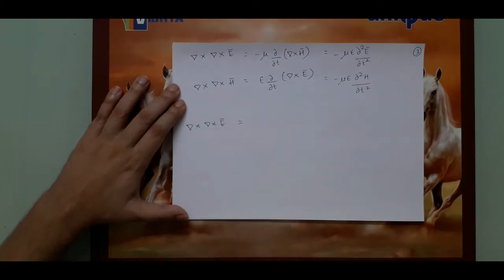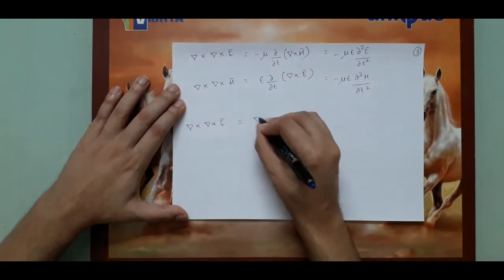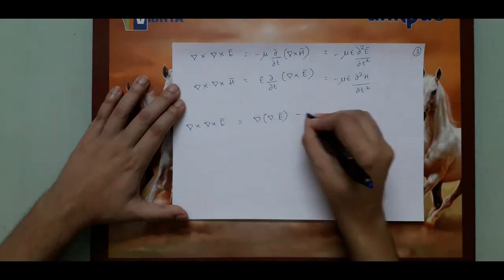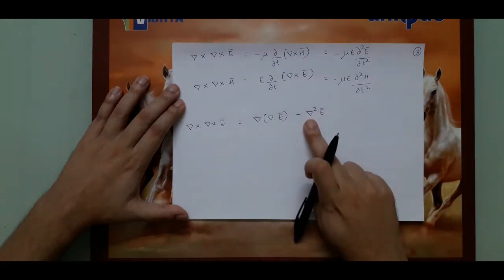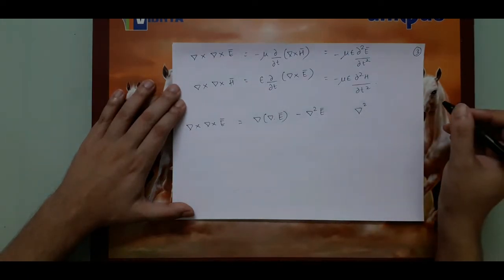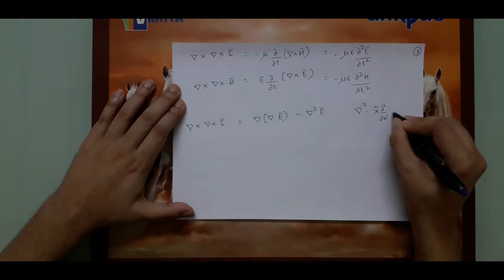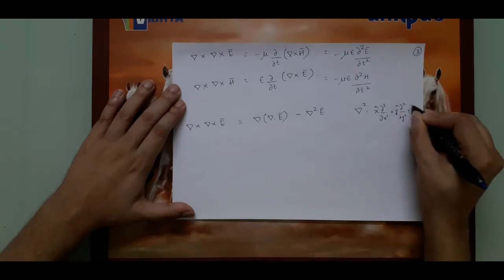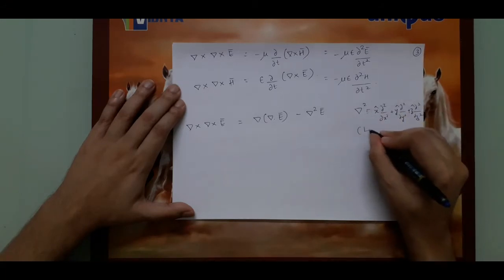The curl of the curl of any vector is nothing but the gradient of its divergence minus this. Now this del square is called the Laplacian operator. So this is nothing but this. This is the Laplacian operator.